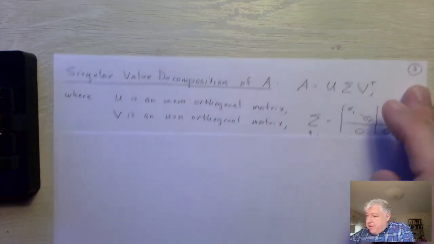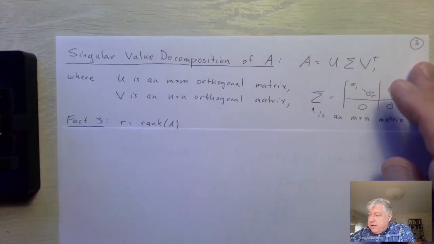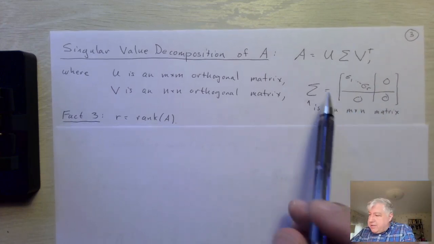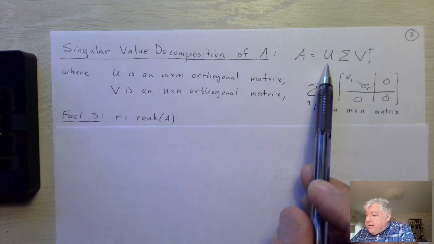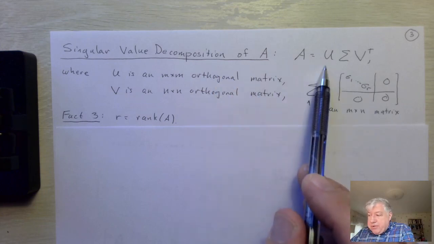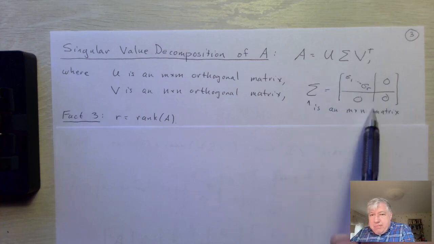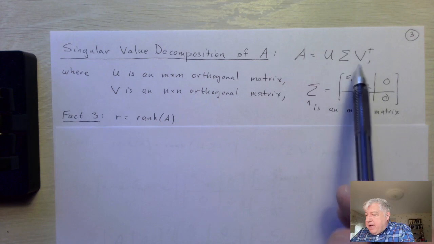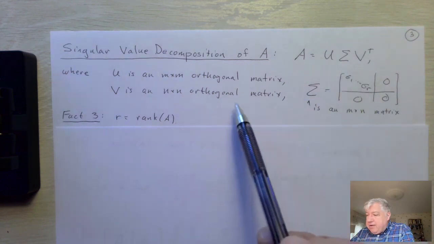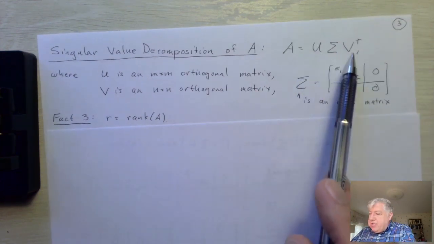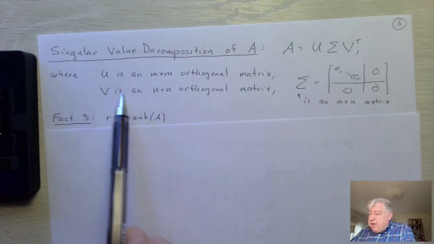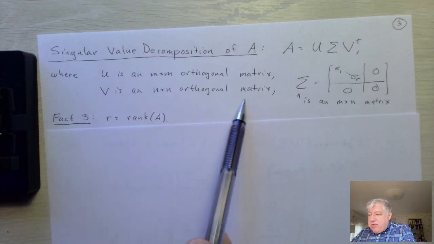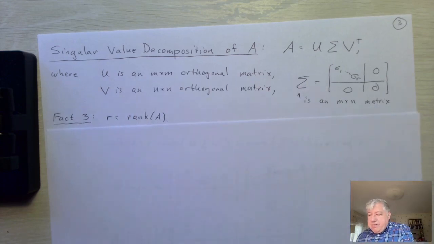The singular value decomposition of A, where A can be written as an M by M orthogonal matrix times our matrix sigma times the transpose of an orthogonal N by N matrix, and call that V. So A is equal to U sigma V transpose, where U is an M by M orthogonal matrix, V is an N by N orthogonal matrix, and sigma is defined this way.